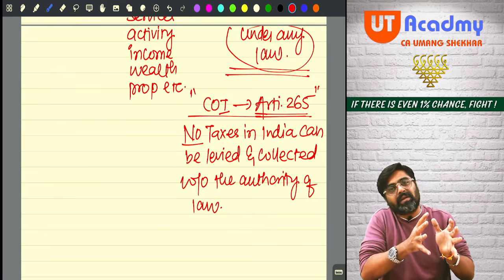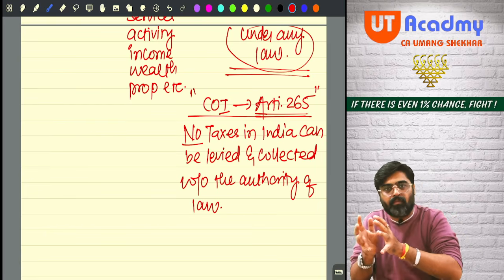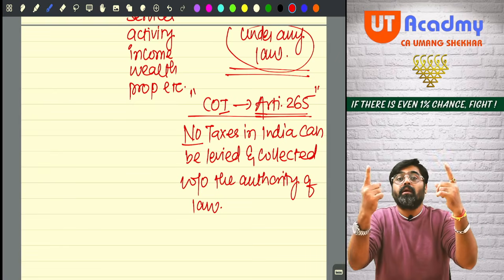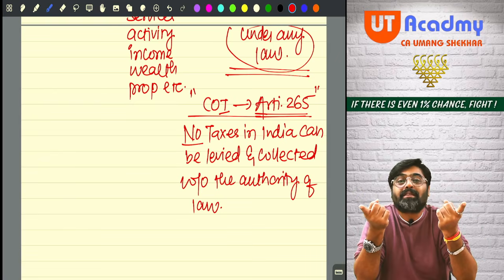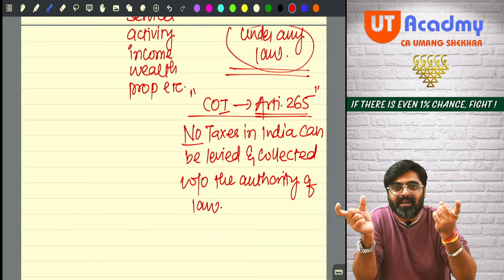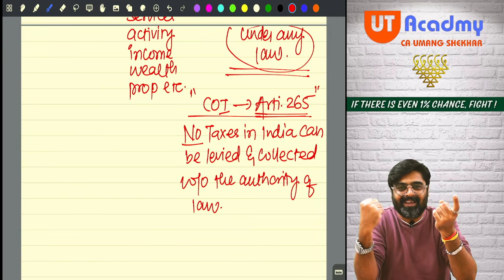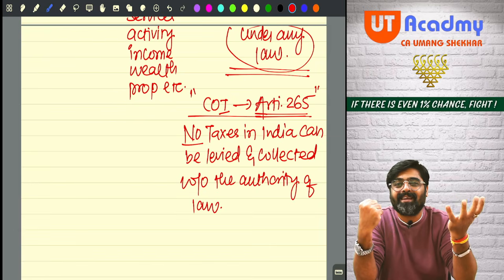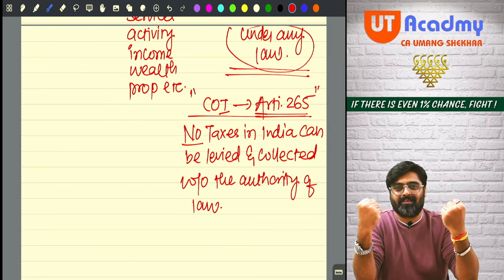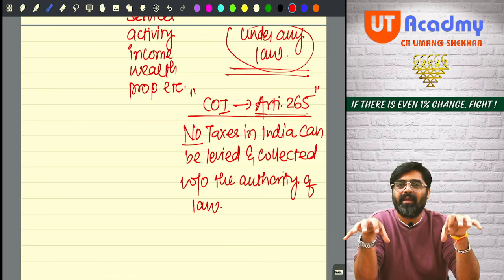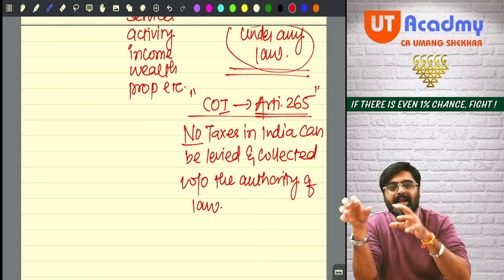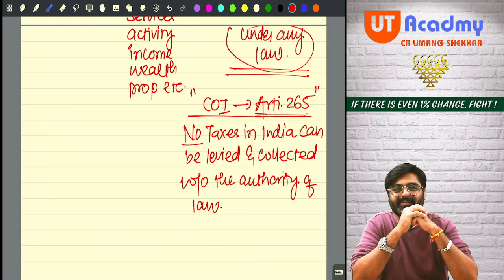But whatever taxes the government takes from me, it takes by applying two methods. One method is directly taking the taxes and another method is indirectly taking the taxes. So tell me, what is direct tax? What is indirect tax?